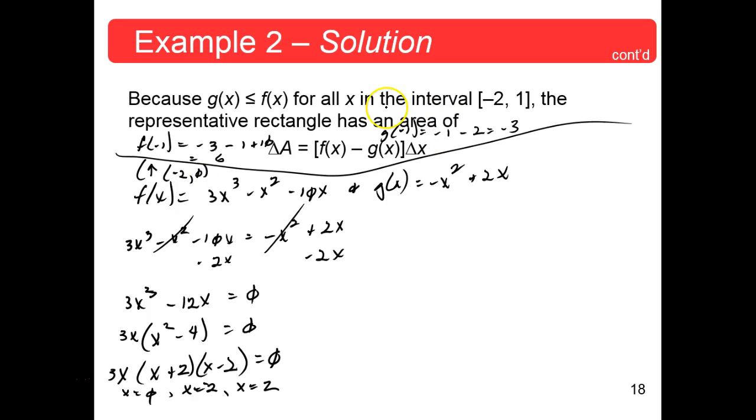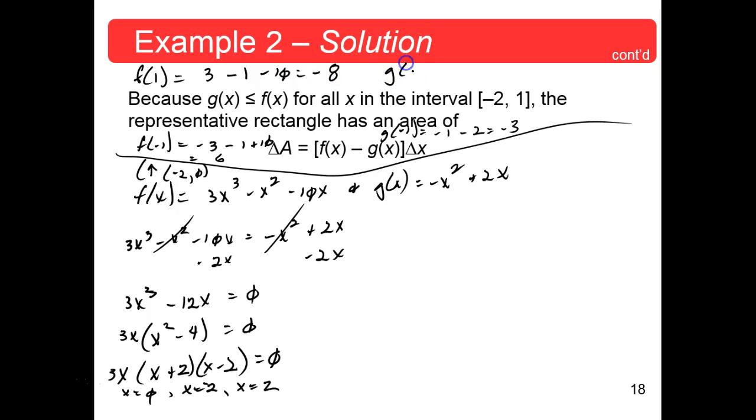Okay? Now let's do the same thing. Let's pick a point between 0 and 2, what could that be? 1. F of 1 would be pretty easy. 3 minus 1 minus 10, which would be -8. Okay?